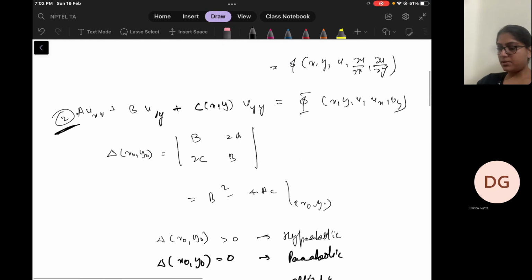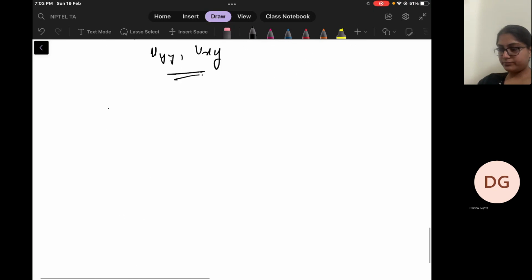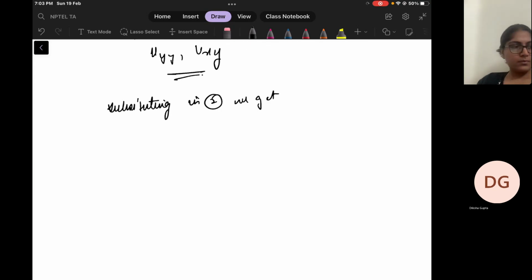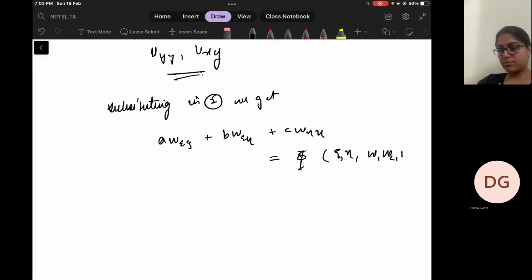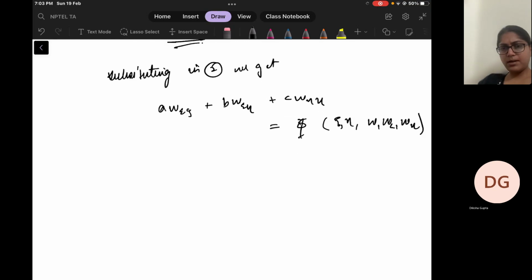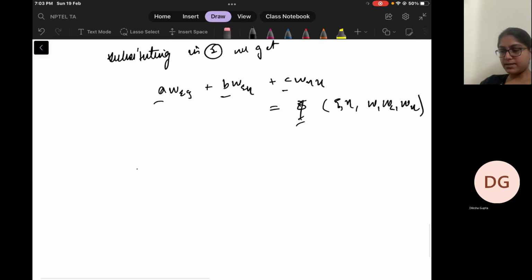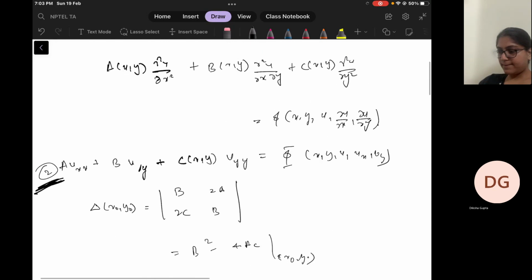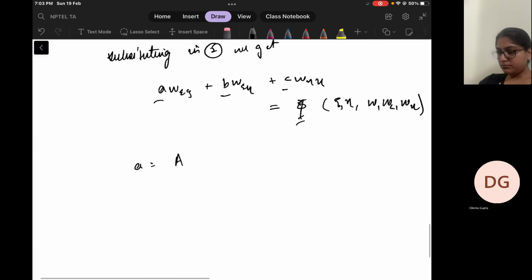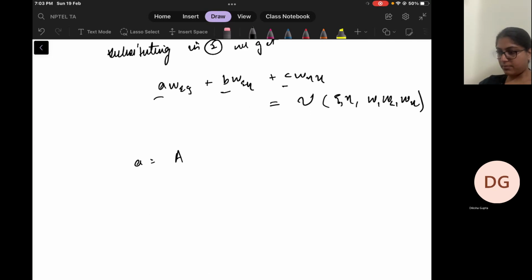Substituting all these values in equation number 2, what we'll get is A W epsilon epsilon plus B W epsilon eta plus C W eta eta is equal to phi of epsilon, eta, W, W epsilon, W eta. Here phi is a new function and the new coefficients are A, B, C, which are expressed as follows.